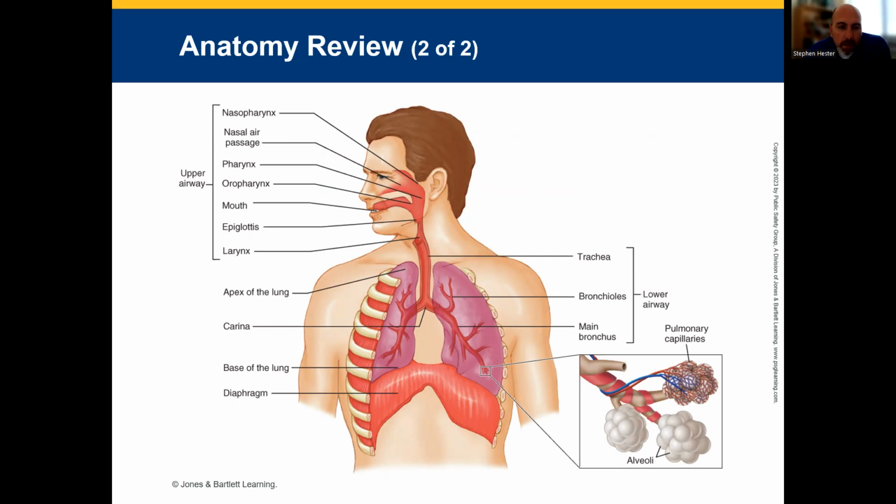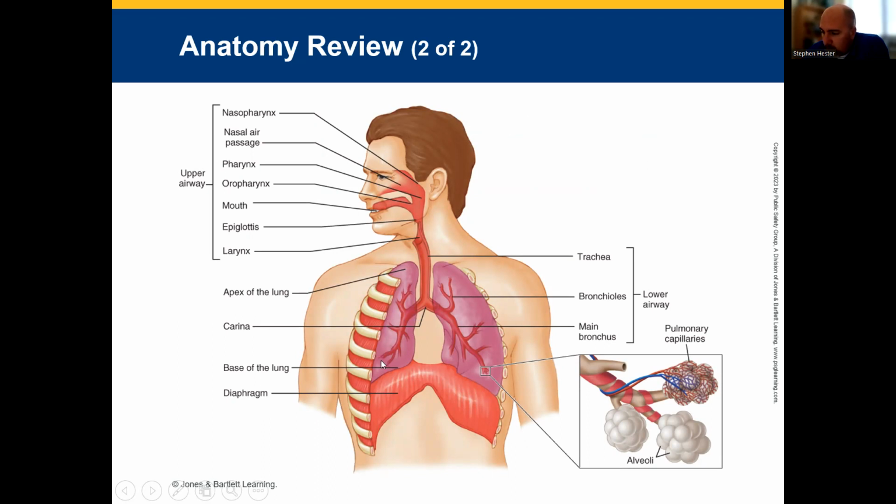Okay, and this is just a breakdown. Your nasopharynx, your nasal airway passage, here the oropharynx back down to your mouth, epiglottis, then the larynx itself that leads down into the trachea, and it bifurcates at the carina. Always keep in mind that this right one's a little bit straighter than the left, and then you branch out into your bronchioles, into your alveoli.